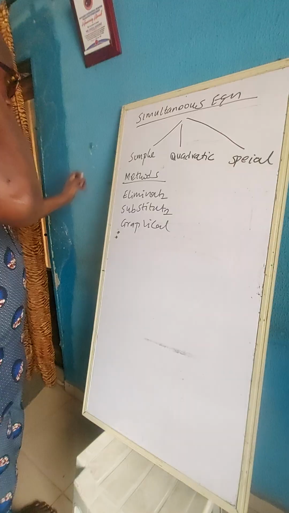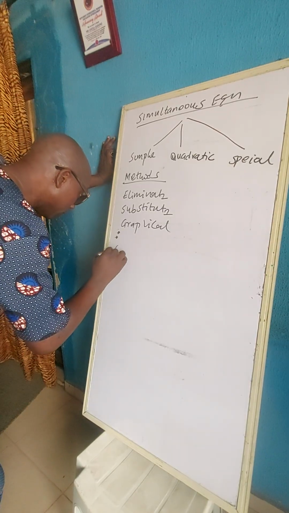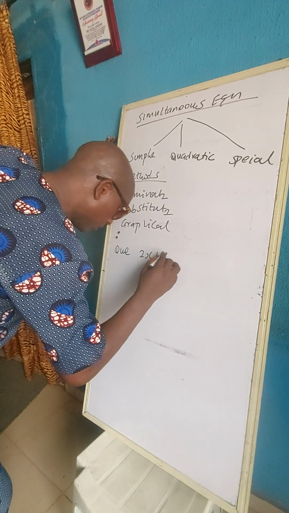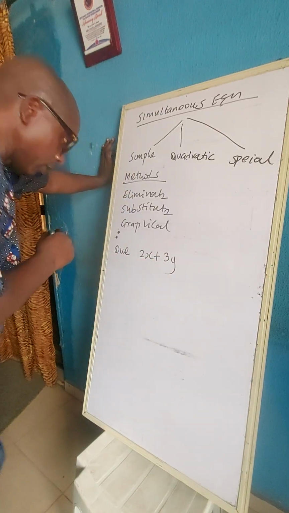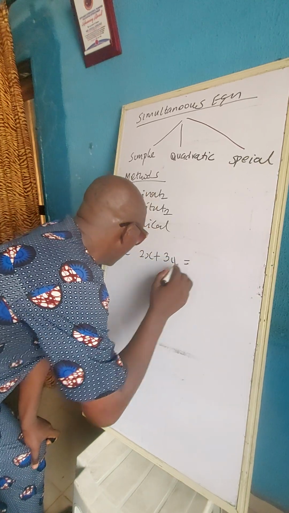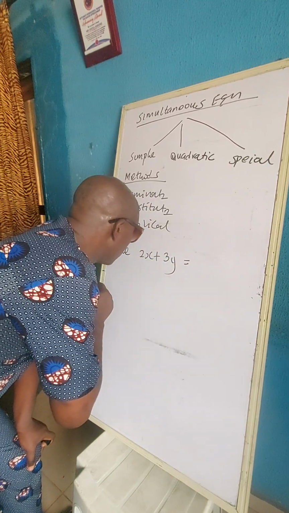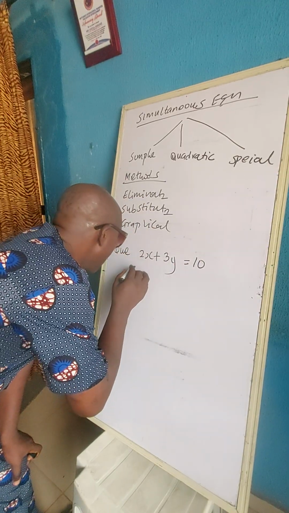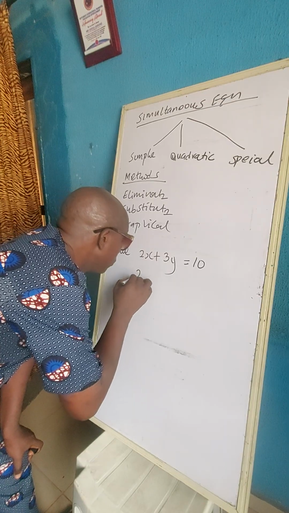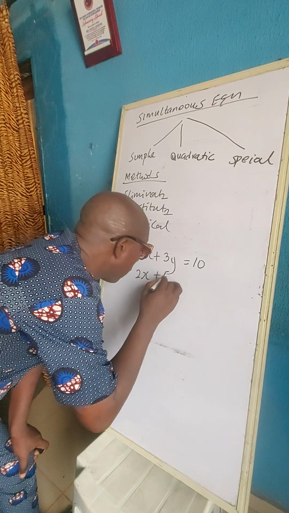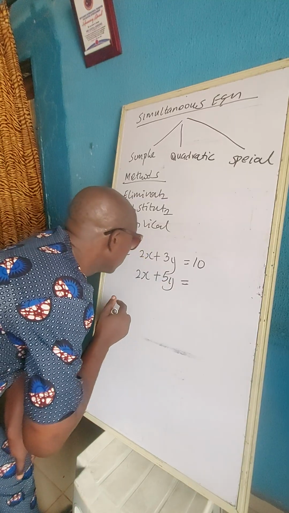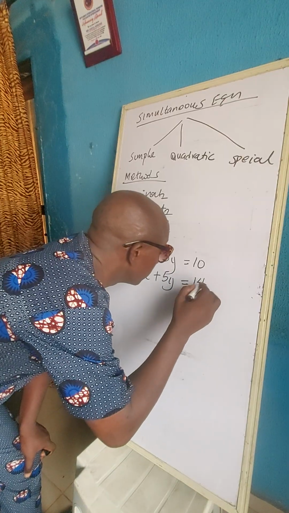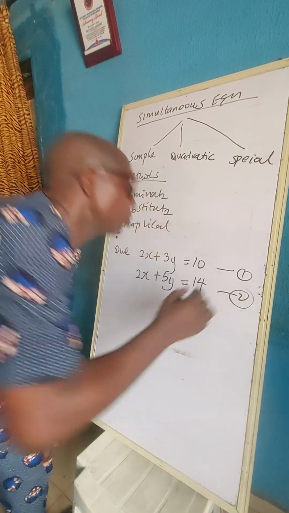Now, let's take the first one, question 1. 2x plus 3y equal to 10. We have 2x plus 5y equal to 14. Equation 1, equation 2.